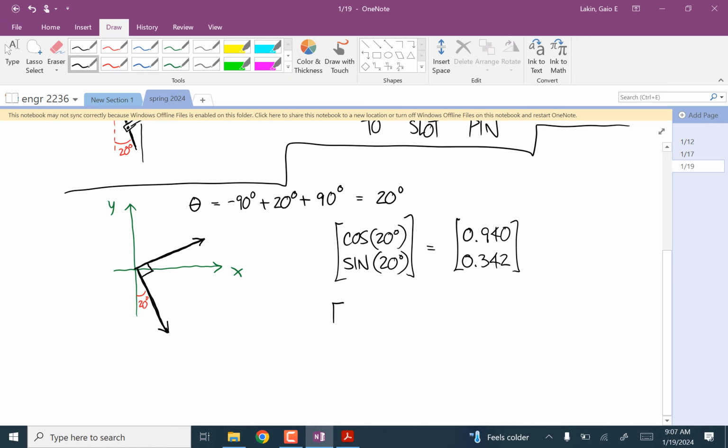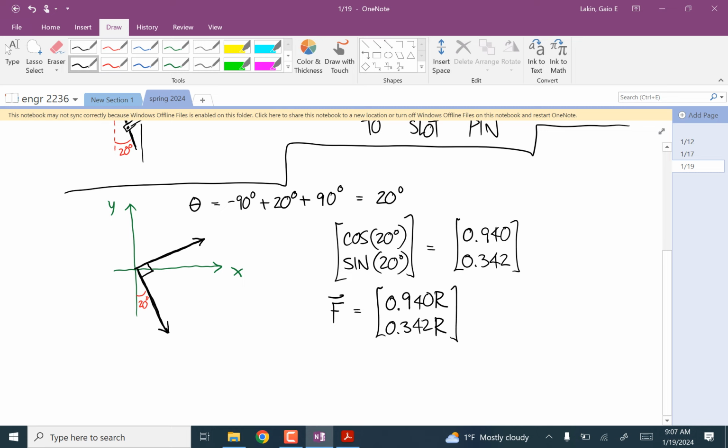And so that force vector then, since this is a unit vector, we can just multiply now by the variable r, and we know that the magnitude is going to be r, and the direction is going to be the direction we want. So this comes out to 0.940 r, 0.342 r.